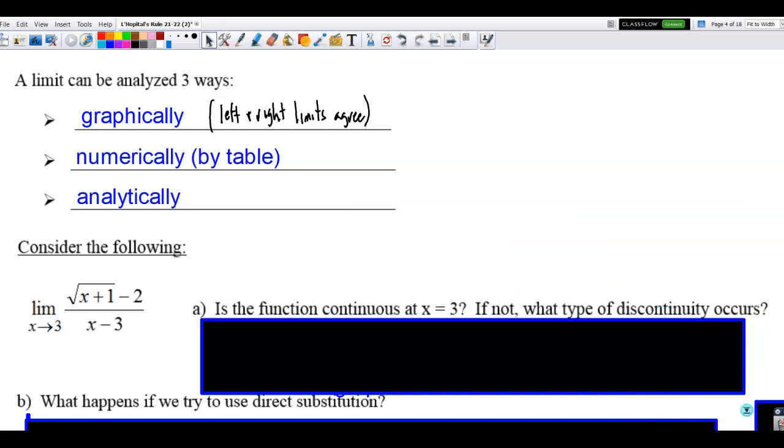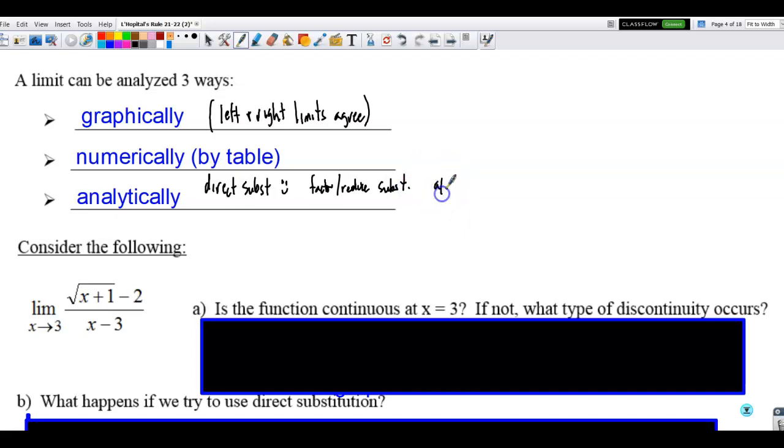Some of the strategies that we talked about when finding limits analytically were things like direct substitution. That's the first thing that we always try. And we really hope that we're not approaching a discontinuity, because direct substitution is nice and easy to find the limit. But if direct substitution didn't work, we did things like factor, reduce, and then substitute, because in that case we were probably approaching a discontinuity, so we had to remove the discontinuity in order to do the direct substitution.